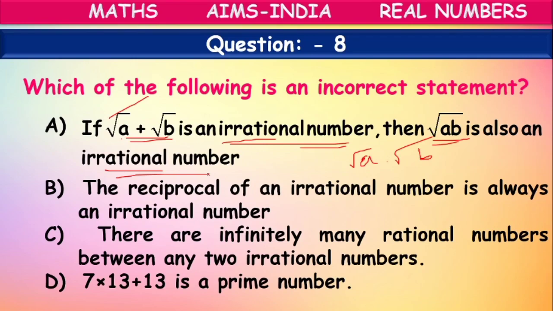Suppose we have root 2 and root 5. Root 2 is an irrational number, plus root 5 is an irrational number. Their sum also will be an irrational number.